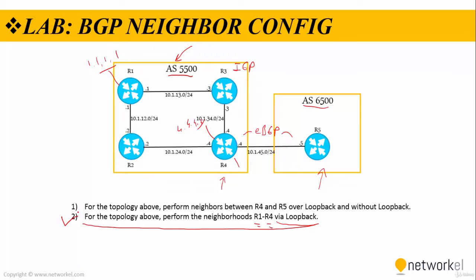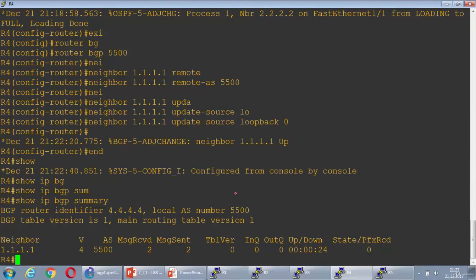Let's take a look at the first step now. For the topology above, perform neighborship between 4 and 5 this time. Okay, I'm gonna eBGP peer these guys, firstly without loopback. Then I'm gonna show you what we should do to peer from the loopback. Alright, router 4.